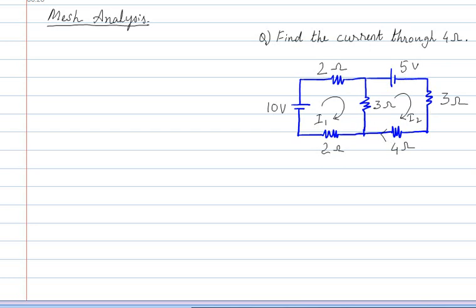But what about this branch? See, this branch belongs to this mesh as well as this mesh. In such a case, this branch will have both the currents: I1, which according to this direction is flowing downwards, whereas because of this mesh the current I2 is flowing up.